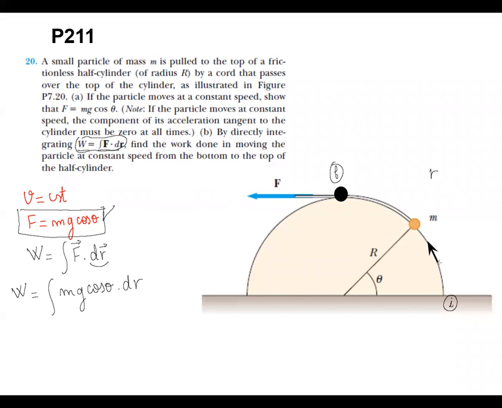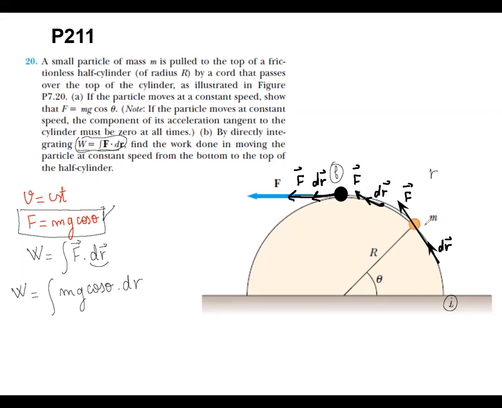Here we have dr, and at this point we push with F. At another point we push with F and also have the same displacement in the same direction. We arrive to this point, we push with F, and the displacement will be here.